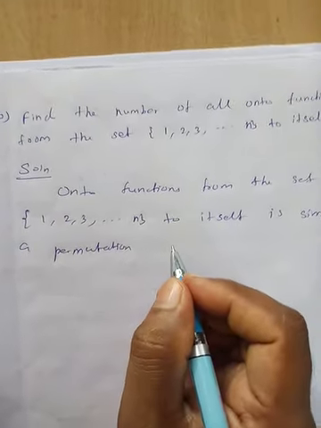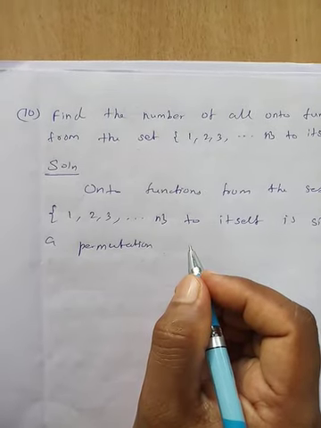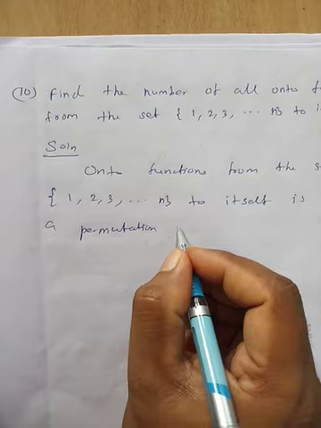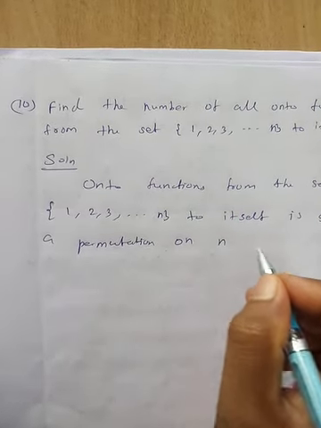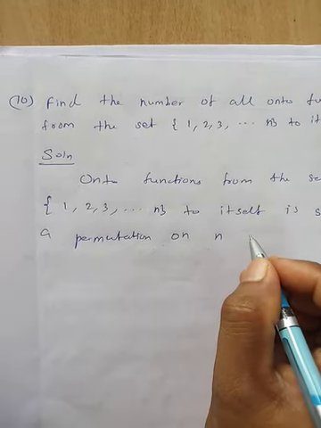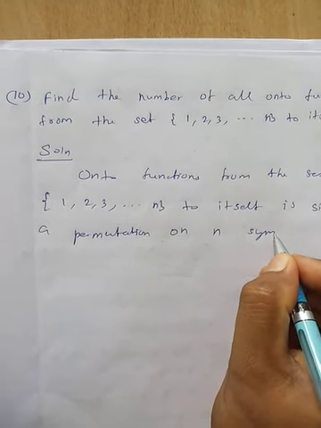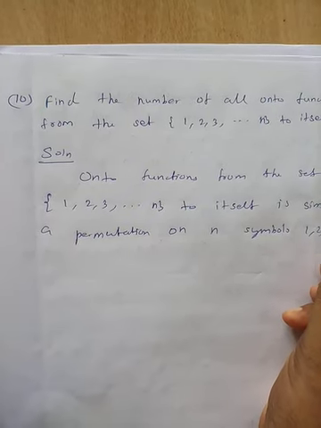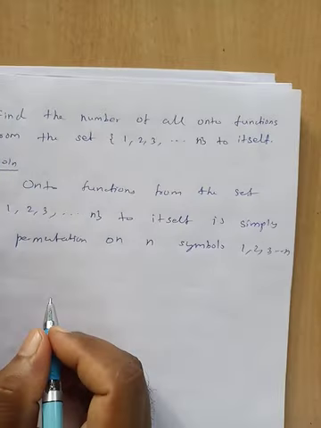Permutation means arrangement, for example 1, 2, 1, 3. A permutation of n symbols, the symbols 1, 2, 3, up to n.